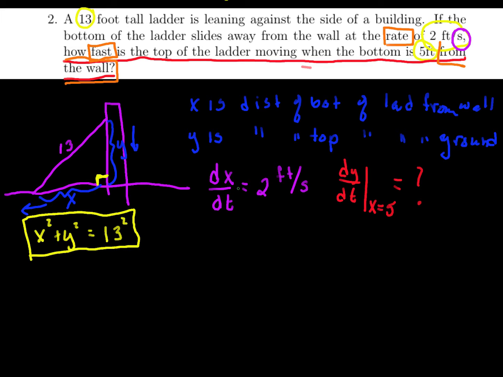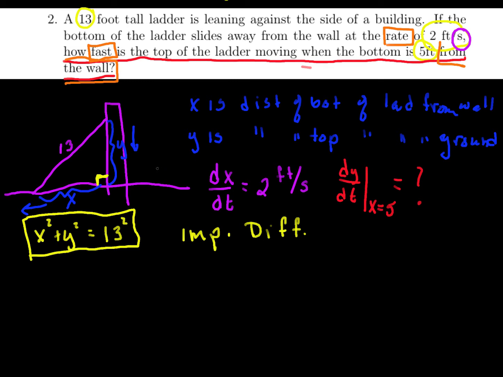And now I need to determine my approach, and I'm going to use implicit differentiation. That's my approach. Again, why do I choose that? Well, one, I'm telling you that implicit differentiation is the main tool to solve related rate problems. So I've got that x squared plus y squared equals 13 squared.